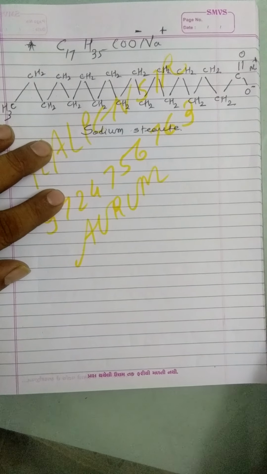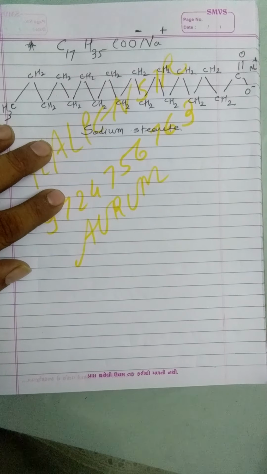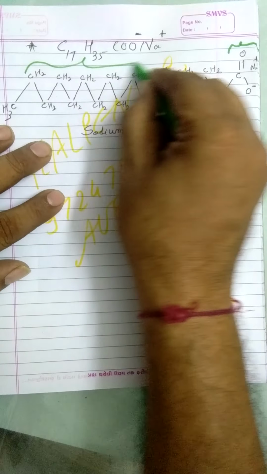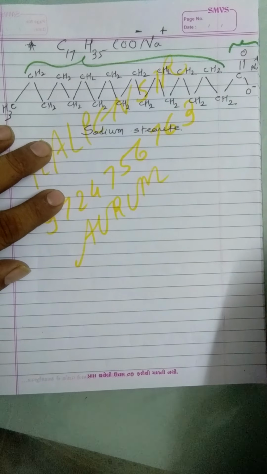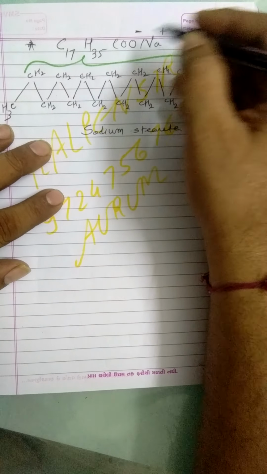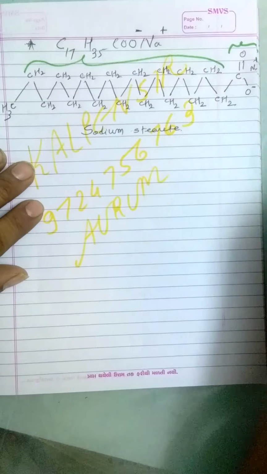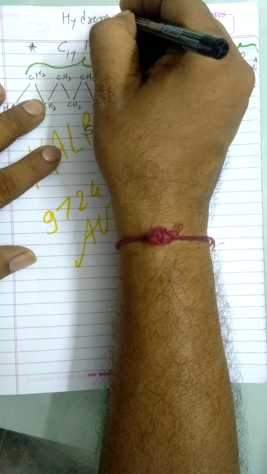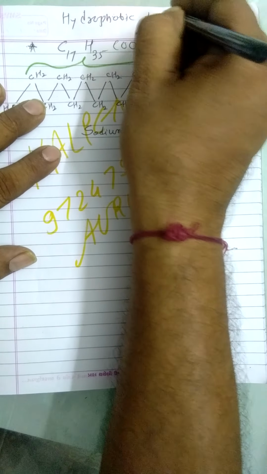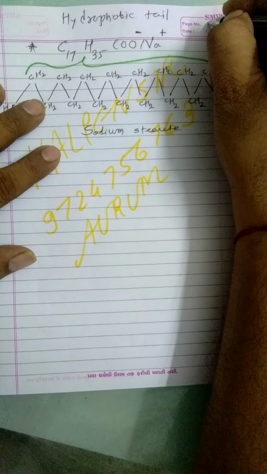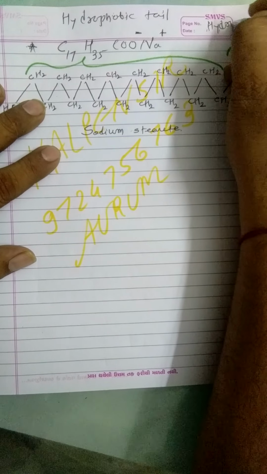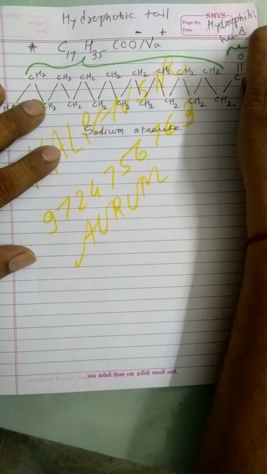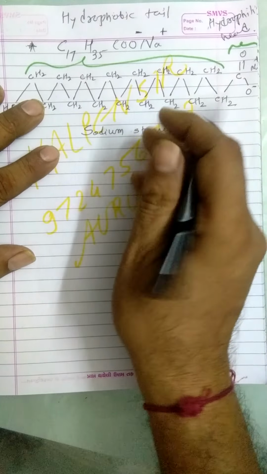Now the COONa part is different from the hydrocarbon part. The hydrocarbon part is called the hydrophobic tail, and the initial part is the hydrophilic head, the water soluble part.